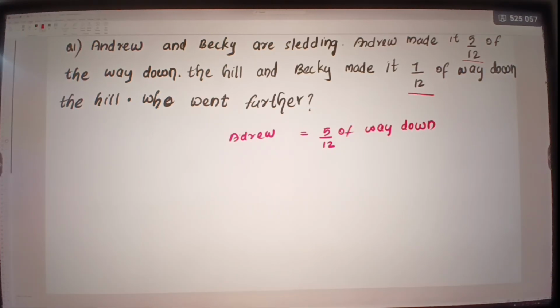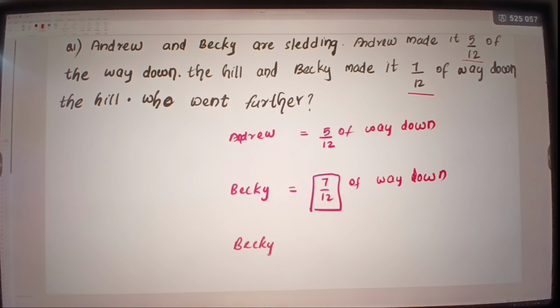Then Becky, 7/12 of the way down. So which fraction is more? 7/12 is more. So we can say Becky went further. Comparison means you check which fraction is more or less.